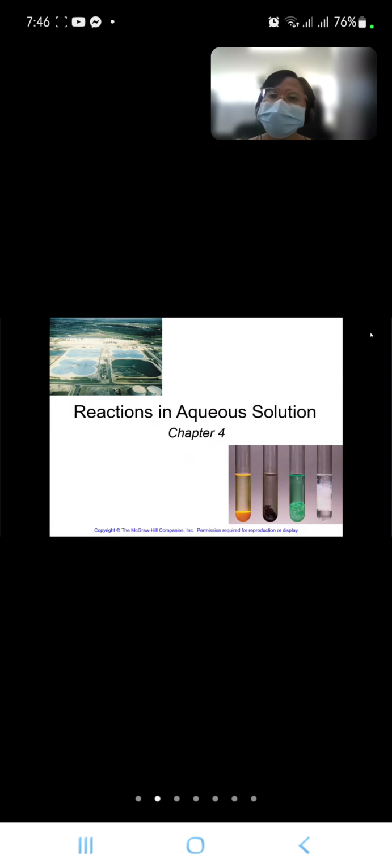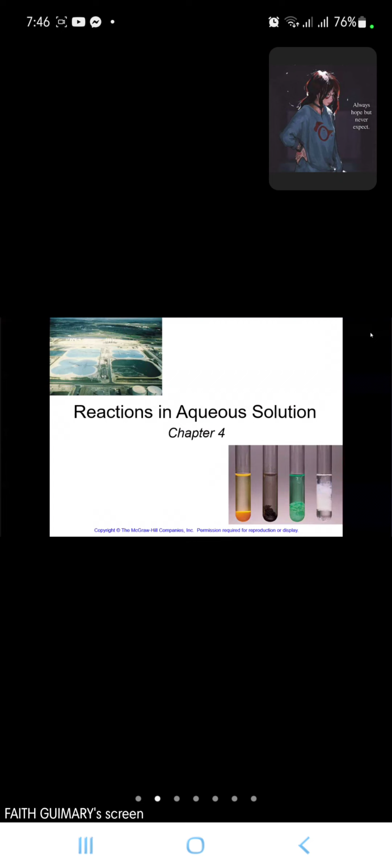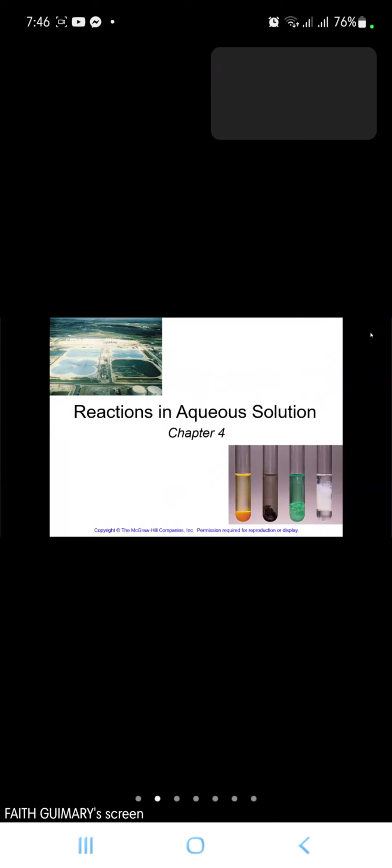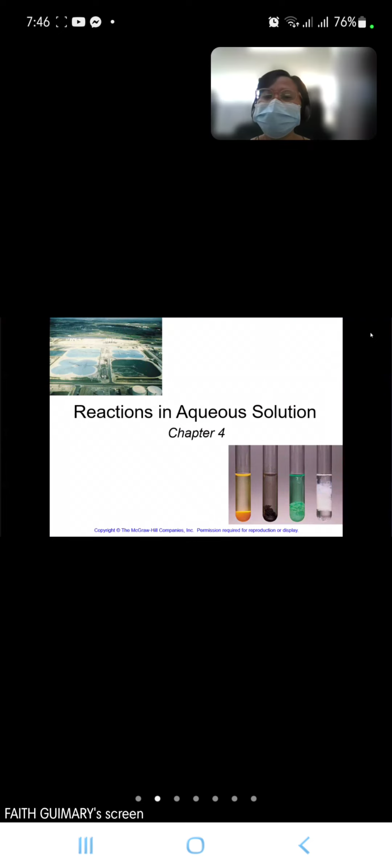Any idea of what a solution is aside from the one given by Ma'am Glenda? What are the 2 components of a solution? Solute and solvent. Okay, thank you, Ma'am Janet and Sir Dan. They are solute and solvent.